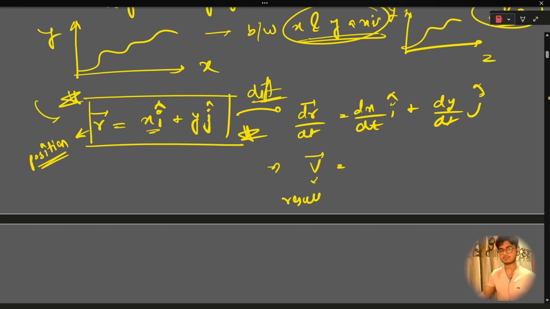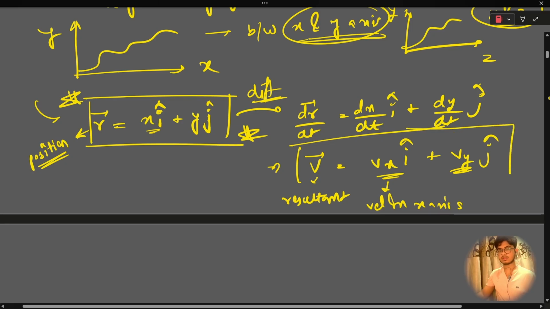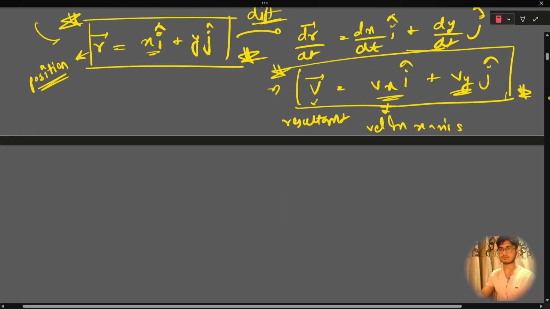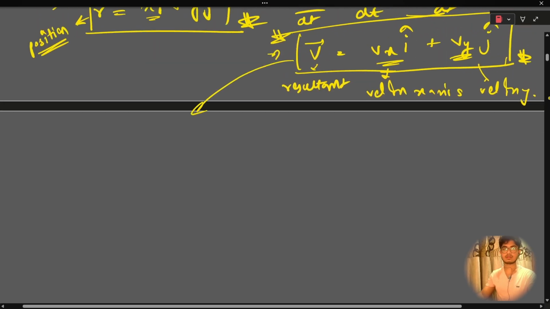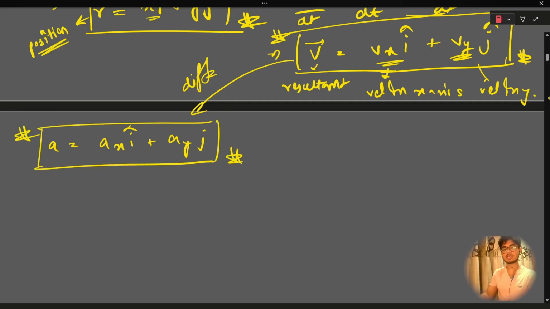Suppose this is the resultant of the velocity of both the axes. This is vx, that is the velocity in x-axis. This is velocity in y-axis. The velocity also has two components, that is x and y. If we again differentiate this, this will come as a equal to ax i cap plus ay j cap.